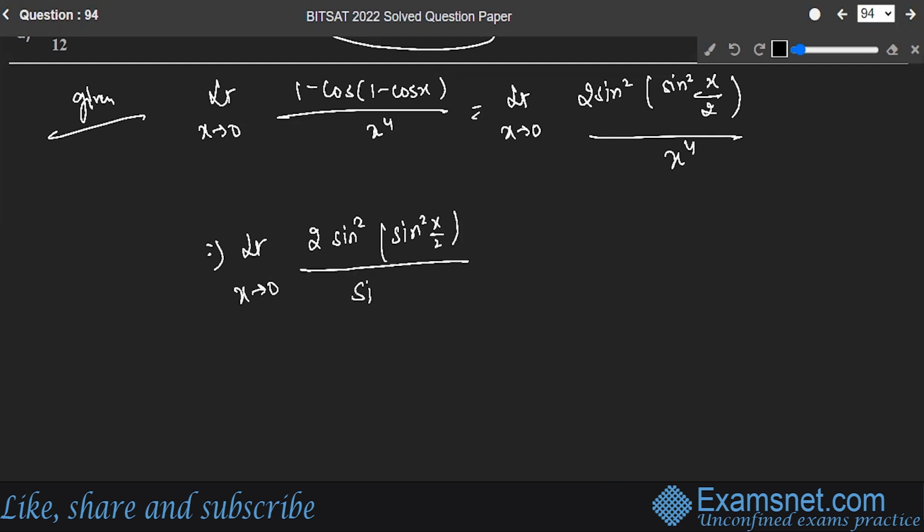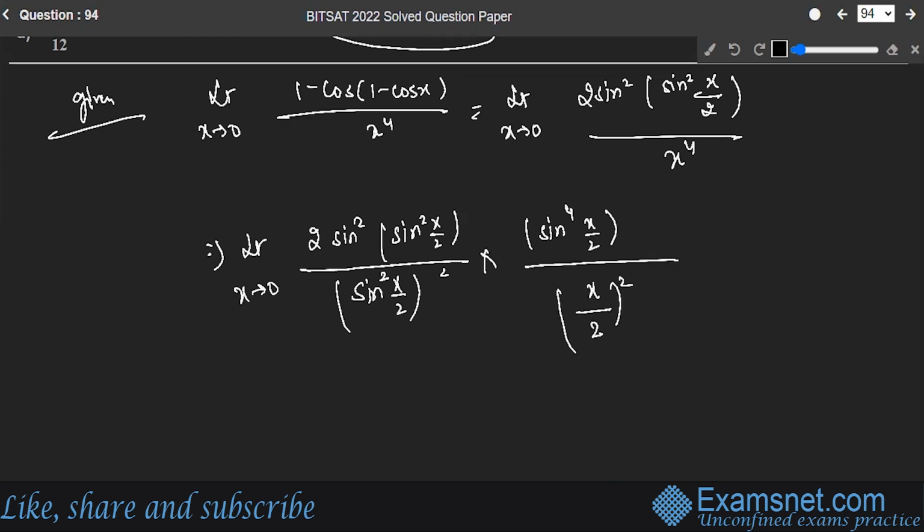I'll multiply the numerator and denominator by sine square x by 2 whole square. So I can write it like this also, upon part 4 multiplied by 16. I've multiplied and divided the numerator and denominator in this case also by 16.